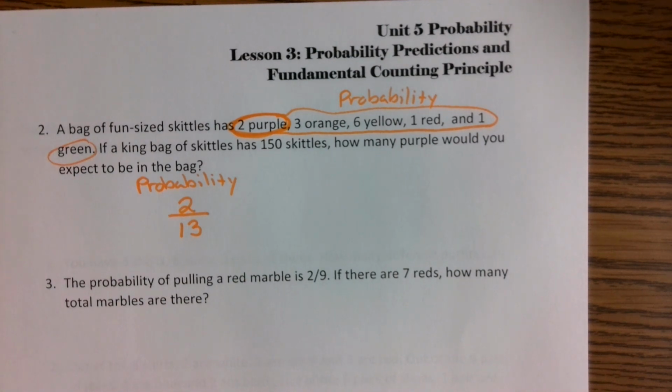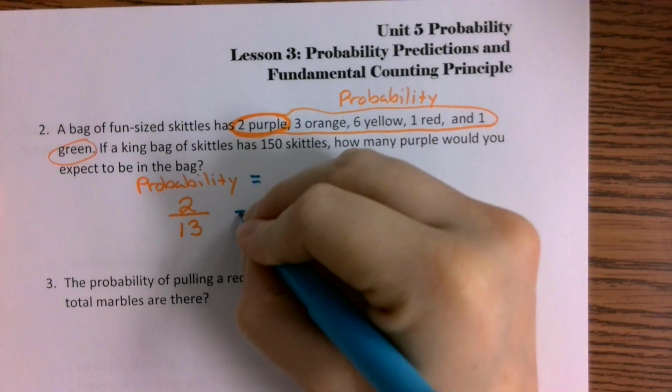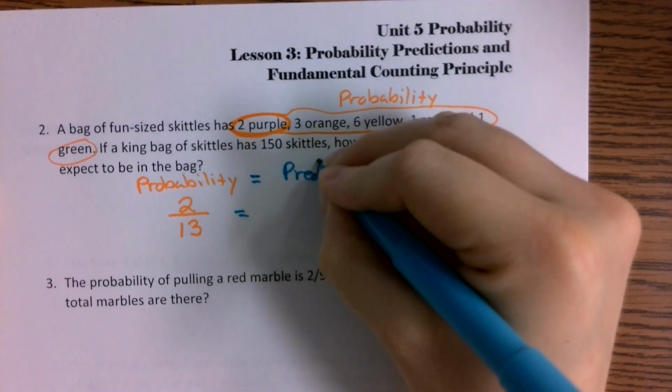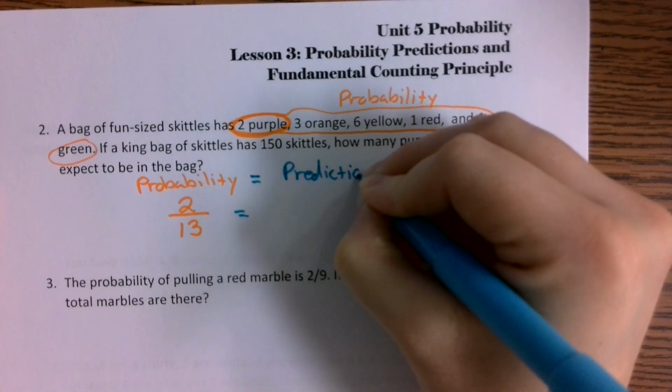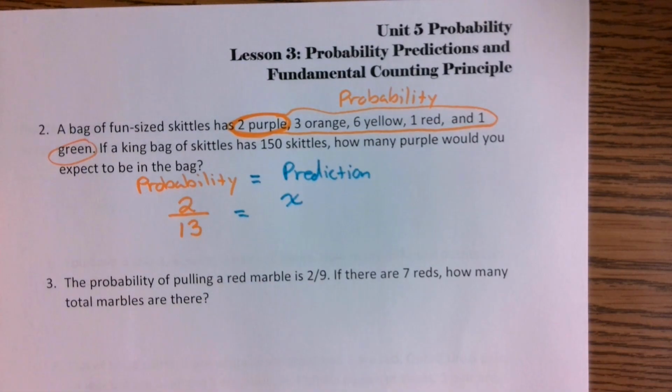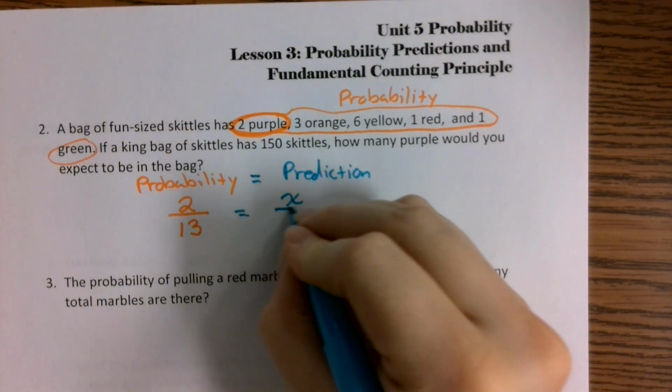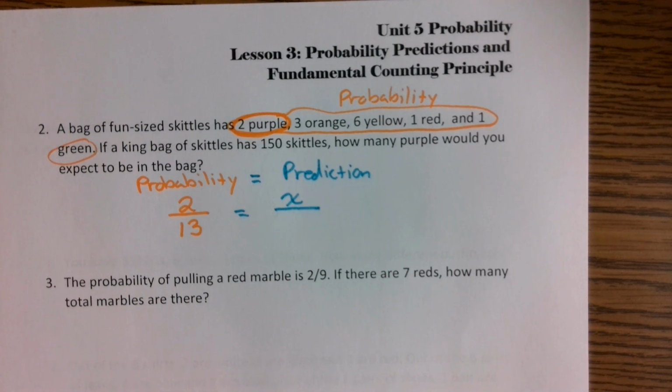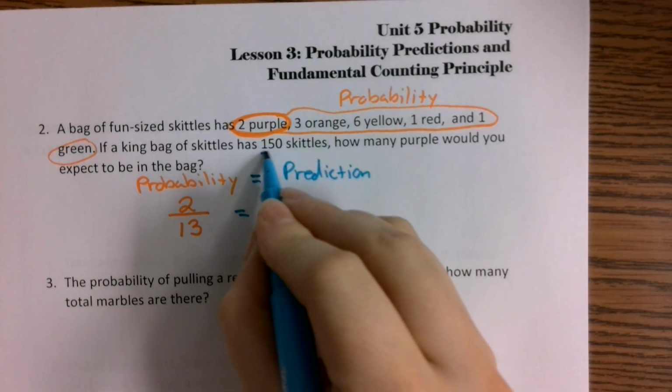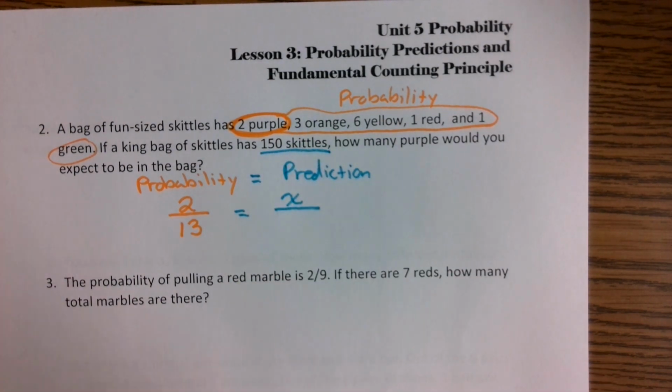Now we want to set it equal to our prediction. So we want to predict how many are going to be purple out of, what's the new size of the bag? 150, right? The new size of the bag has 150 of them in there.